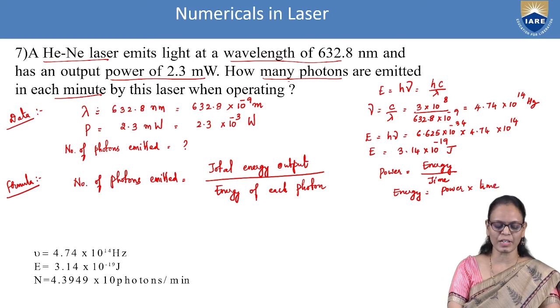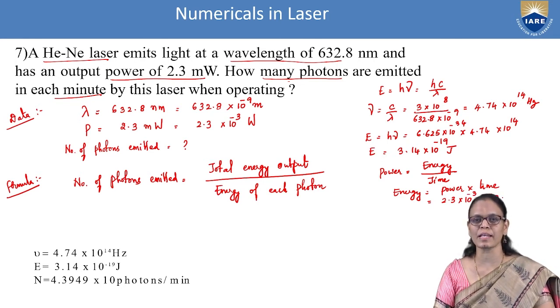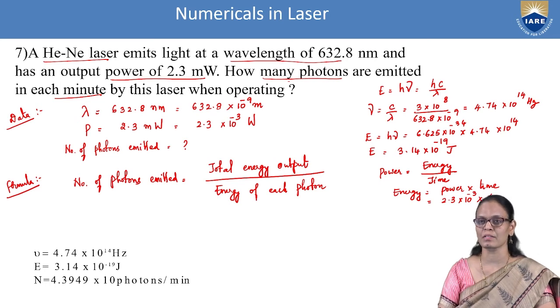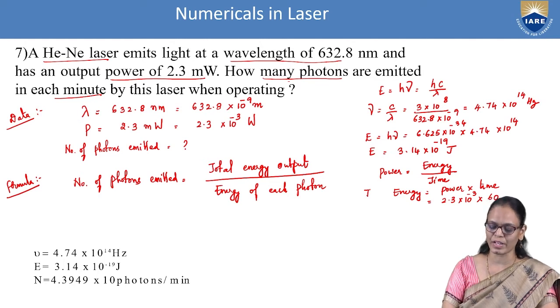The time here is per minute, in each minute. So 2.3 into 10 power minus 3 into 60. 1 minute is 60 seconds. We will write the time in seconds. So 2.3 into 10 power minus 3 into 60 is the total energy.